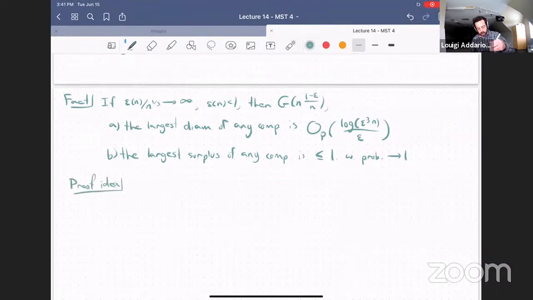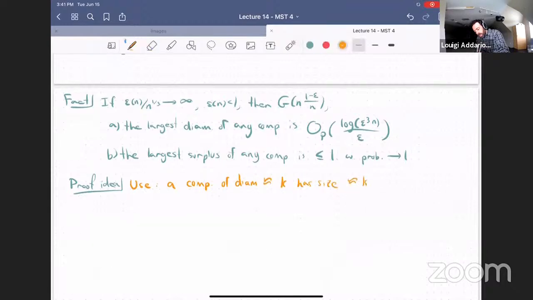So the step that I won't do in full detail, but I'll use multiple times, is that a component of diameter about k has size about k squared.